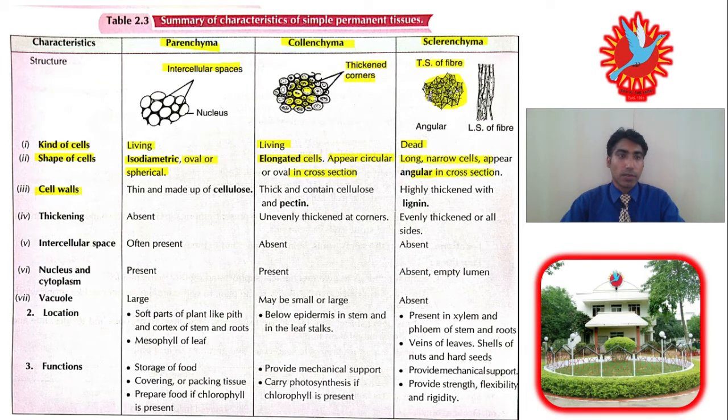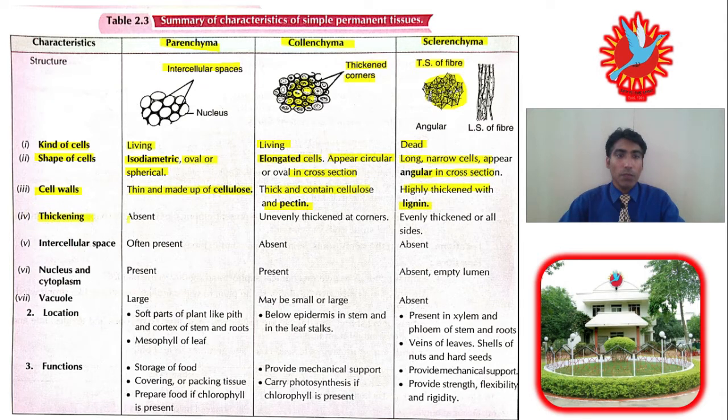Cell walls. Now we will discuss the types of cell walls present in these simple permanent tissues. In parenchymatous tissue, the cell wall is made up of a thin cellulose layer. In collenchymatous tissue, the cell wall is thick and contains cellulose as well as pectin. In sclerenchymatous tissue, the cell wall is highly thickened, and deposition of lignin is also present, which is a waterproofing material.